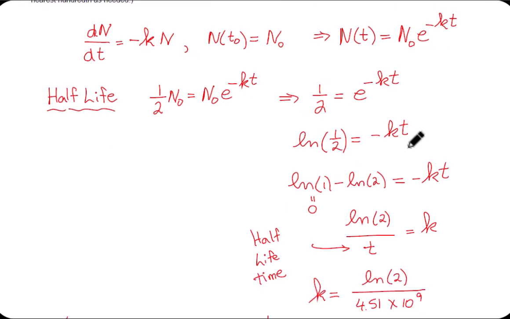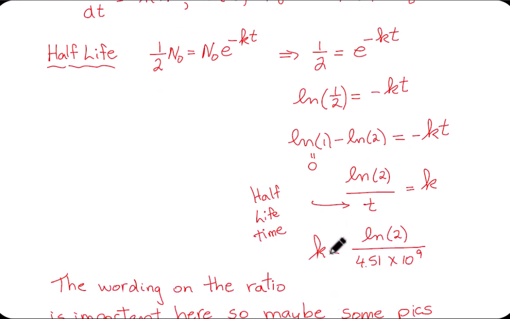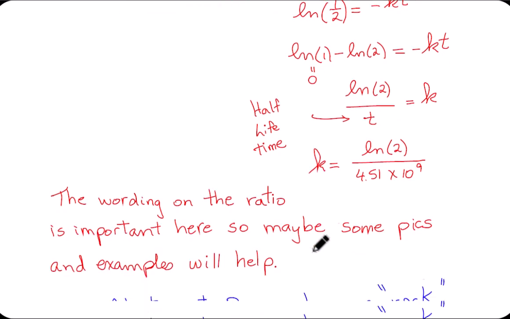So putting all that in, we get this number for k, for half of it to go away. Plugging in the half-life time, I can find out the rate. All right, so I've got k now.